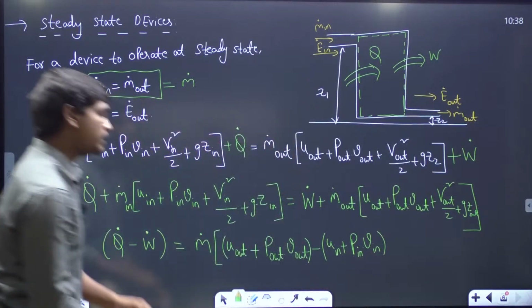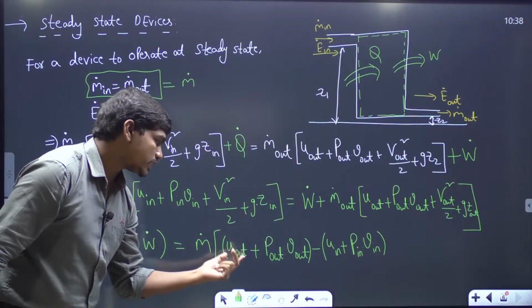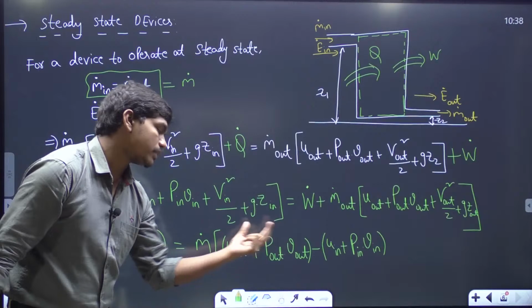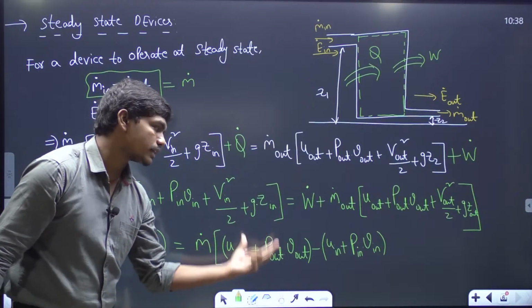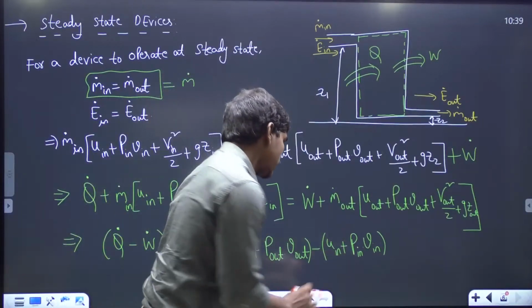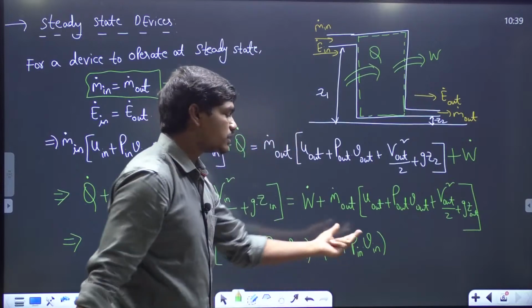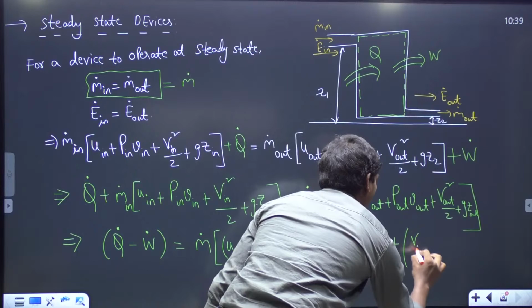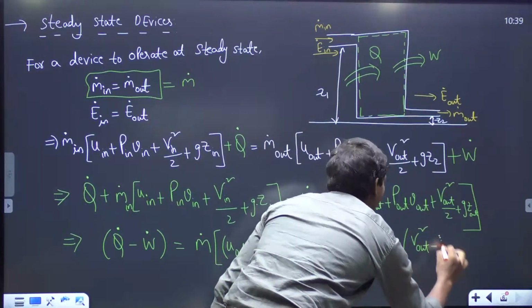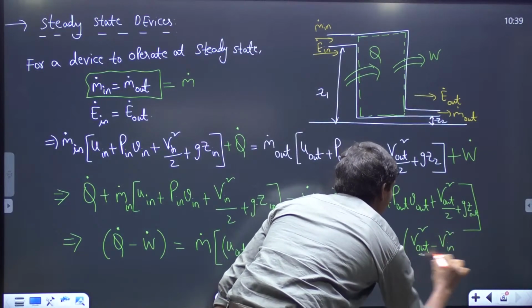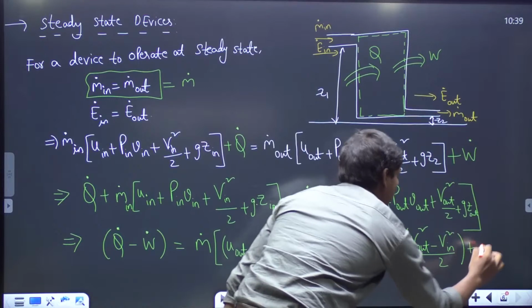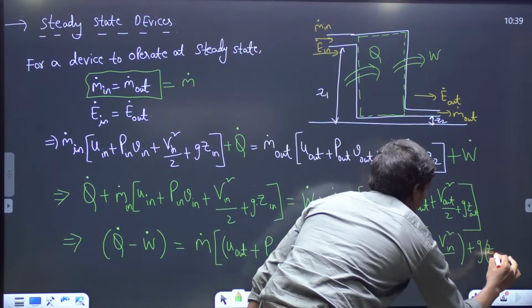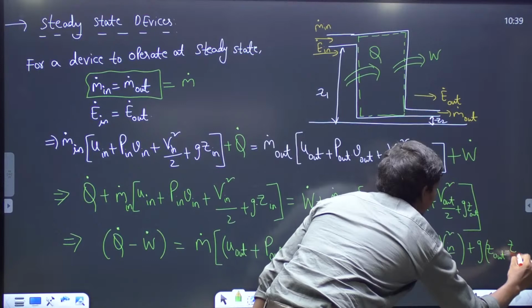Basically this is internal energy plus flow work at out minus internal energy plus flow work at in, plus V out square minus V in square divided by 2 plus Z into Z out minus Z in.